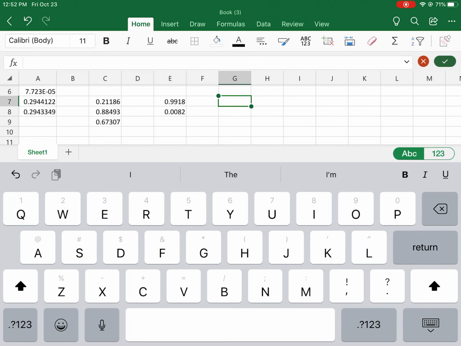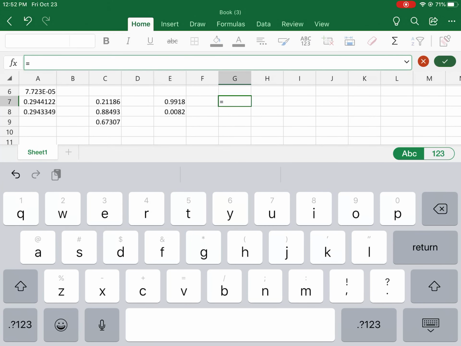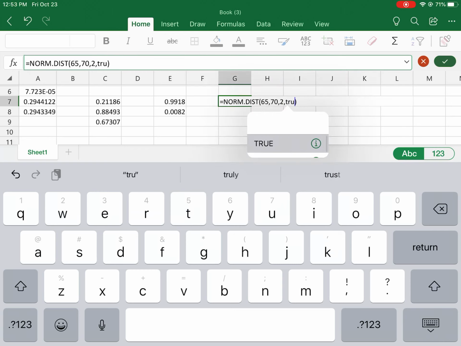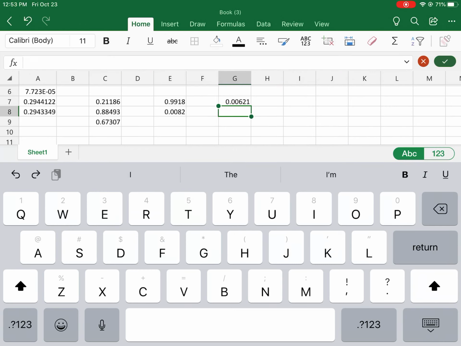Okay, so let's go ahead and go over here. So equals, again, that norm distribution. Okay, so I want it less than 65, so 65. My mean is 70. The standard deviation is 2. And again, this is true. I'm going to hit enter. So I get 0.00621.